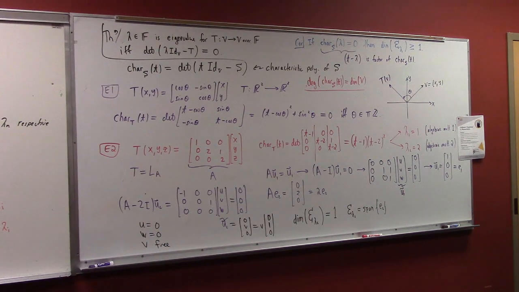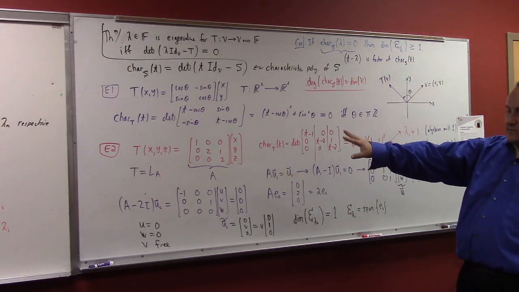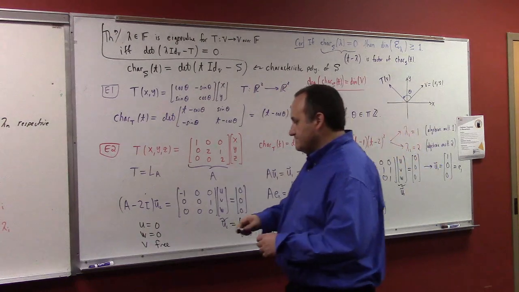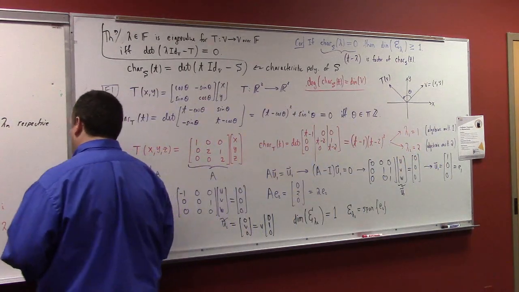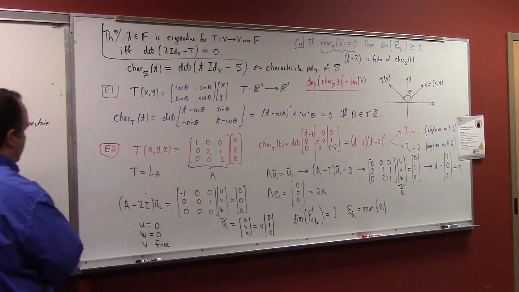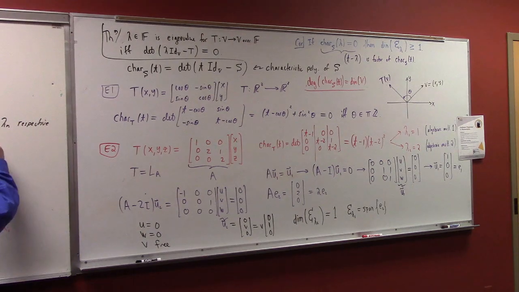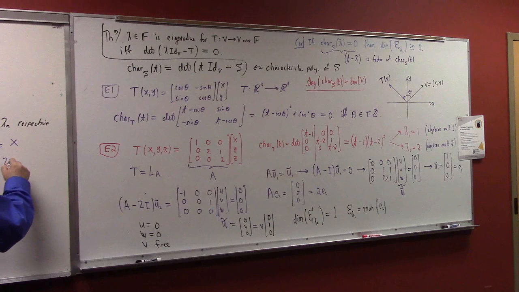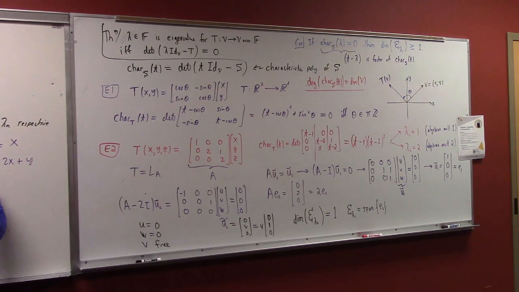So if I was to try to solve the system of differential equations, what system of differential equations would correspond to example 2? Here's what it would look like. dx/dt equals x, dy/dt equals 2x plus y, and dz/dt is equal to 2z.